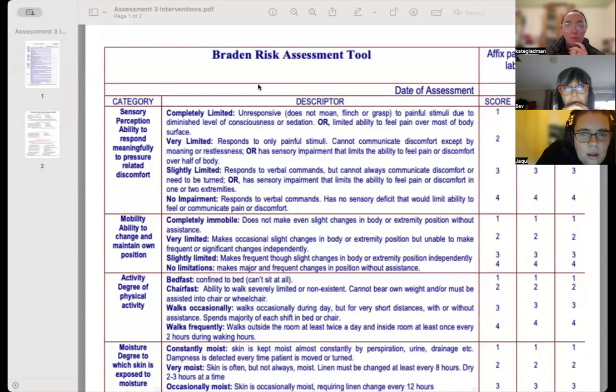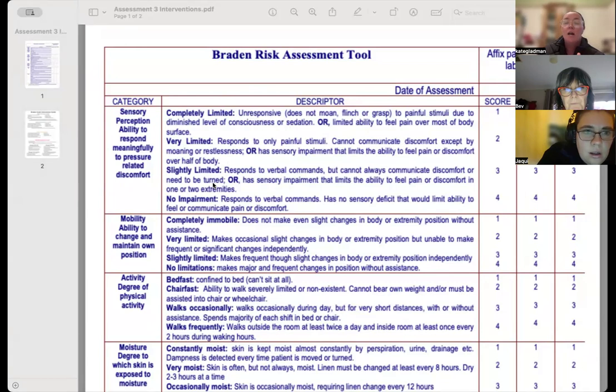Now they've got a broken hip. Unresponsive to painful stimuli, I would say no to that. Responds only to painful stimuli, cannot communicate discomfort. I would say no to that, because they are alert and can respond to verbal commands, but can't always communicate discomfort or need to be turned.